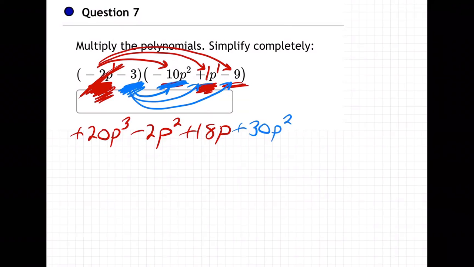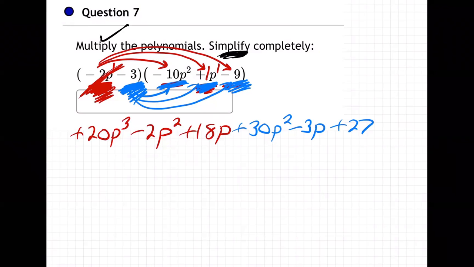And then negative 3 times plus 1p is negative 3p. And then finally, negative 3 times negative 9 is plus 27. Okay, now that's the multiply. Check. Now we've got to simplify.